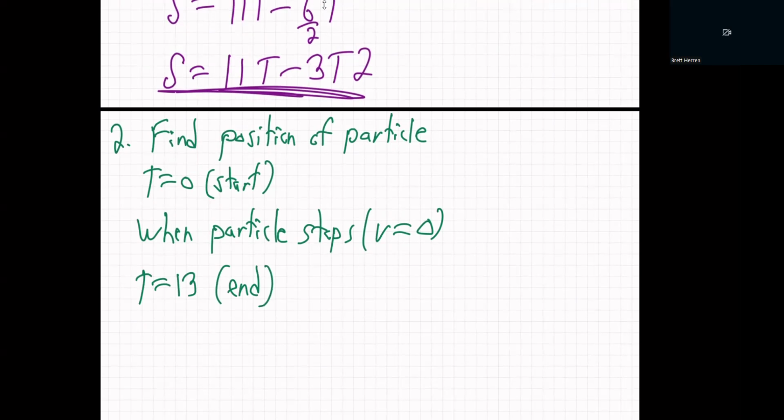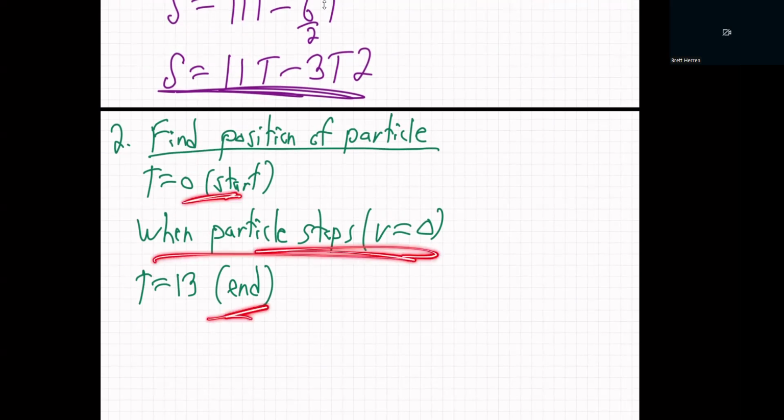So you want to find those three key positions: the start, the end, and in between when the particle stops moving for a split second.